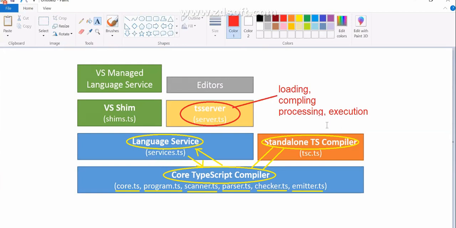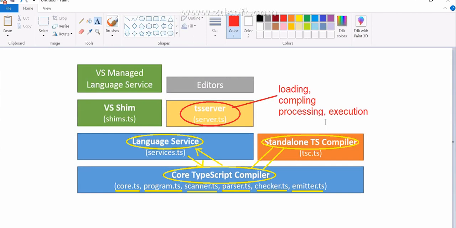TypeScript will internally have a TypeScript server. It will first load your TypeScript program into that server. It will load the language service into the server. It will load the compiler into the server. Then it will compile your program, process it, generate the output and send it.